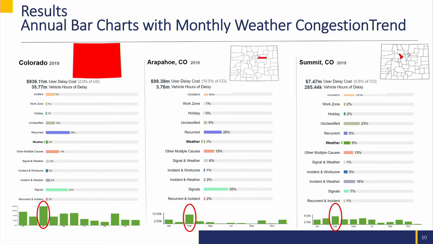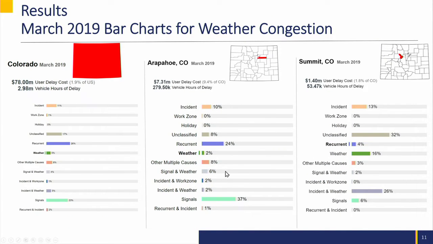And then when we zoomed in to look at one month at a time, the month of March, you can see the contribution, especially in Summit County, even though it was pretty high before for the year at 9%, now it was 16% for that month. So you could use that to sniff test and see if the data we're using and the methodology is giving you what you would expect.